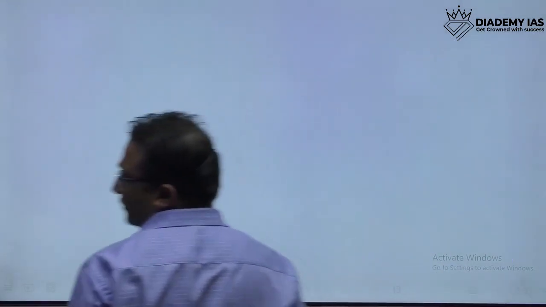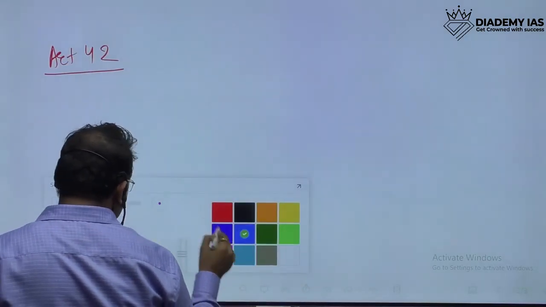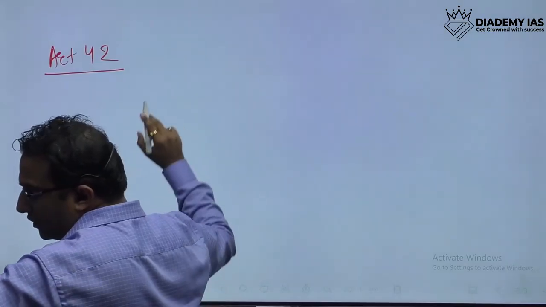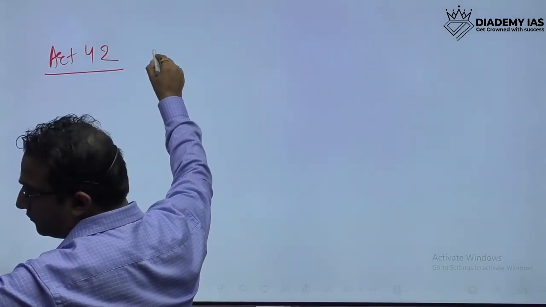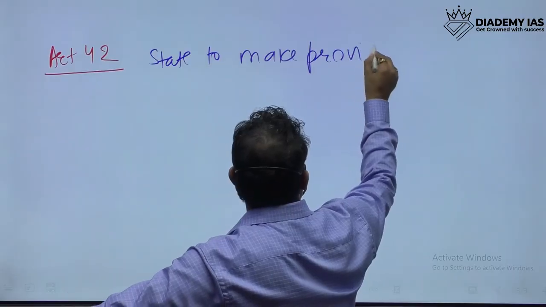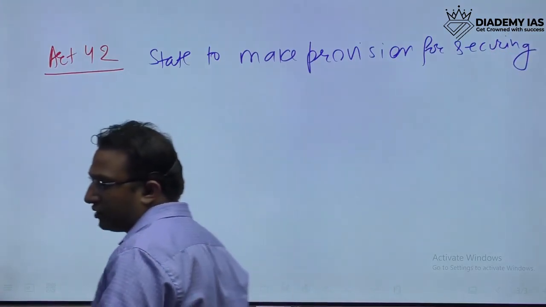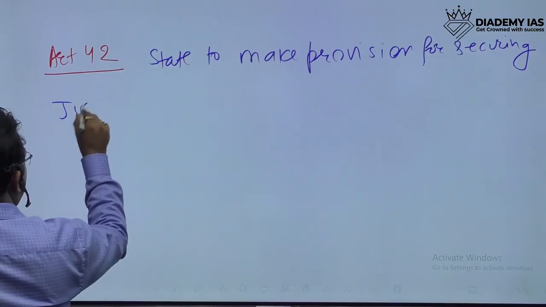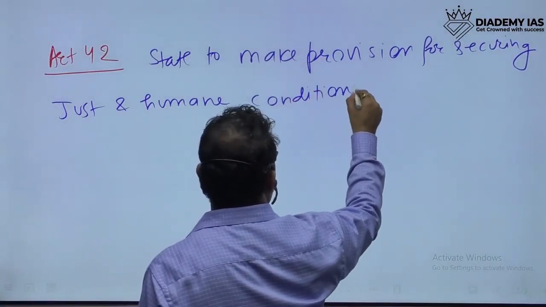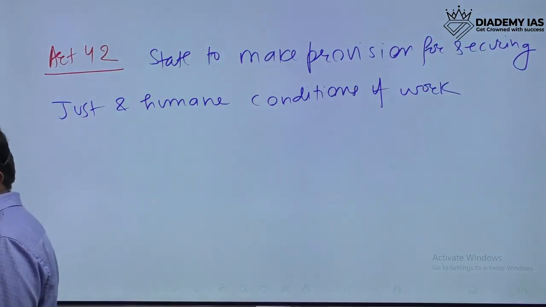Article 42: the state to make provision for securing just and human conditions of work, and for maternity relief.